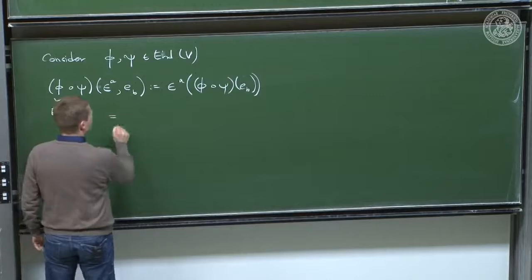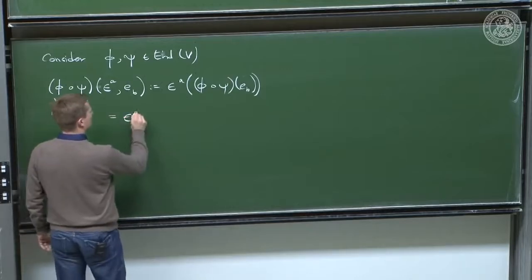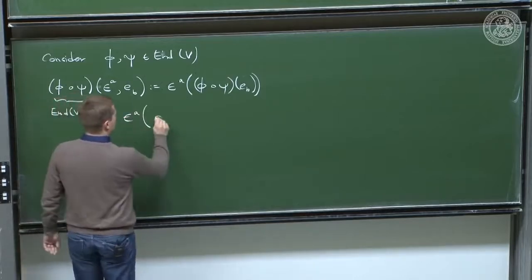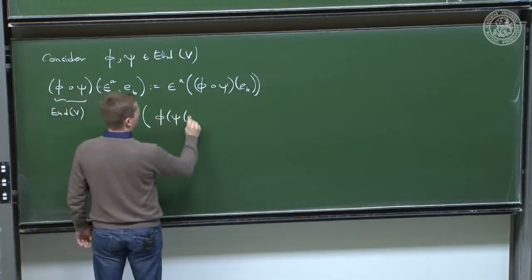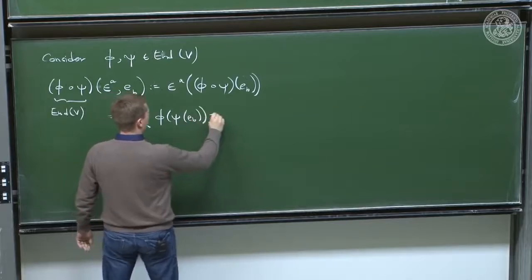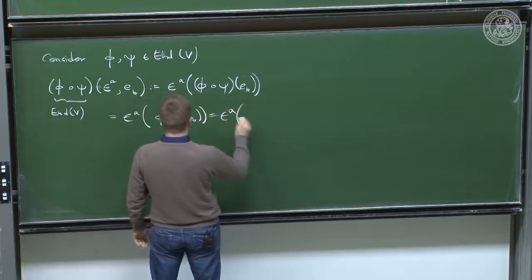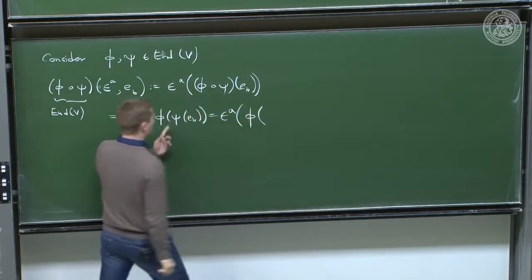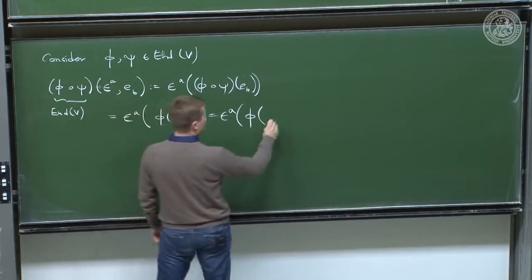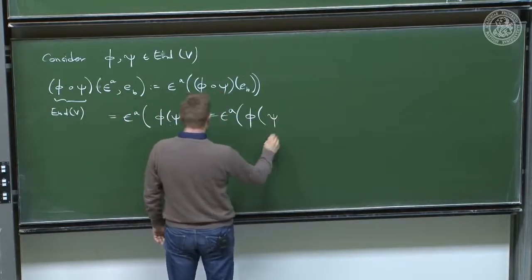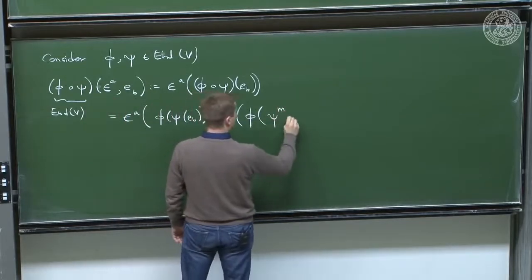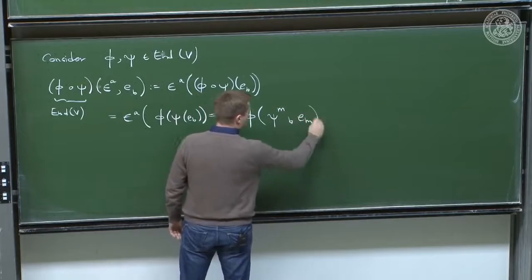Okay, so that is this. And now you want to figure out what that is, so let's write it down. It's epsilon^A of phi of psi of e_B, no doubt. What is that? That's epsilon^A of phi of, what's psi of e_B? Well, psi of e_B is psi^M_B e_M.